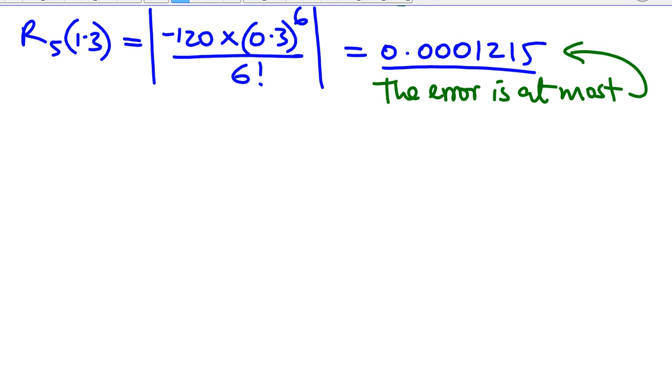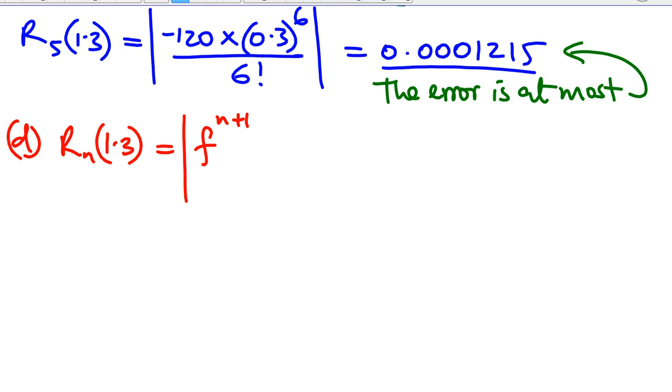So this is part D. The error term at 1.3 will be given by, this is the magnitude of error, the (n plus 1)th derivative of f at z multiplied by 0.3 to the power n plus 1.